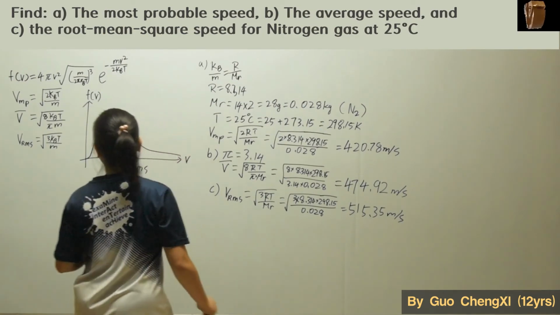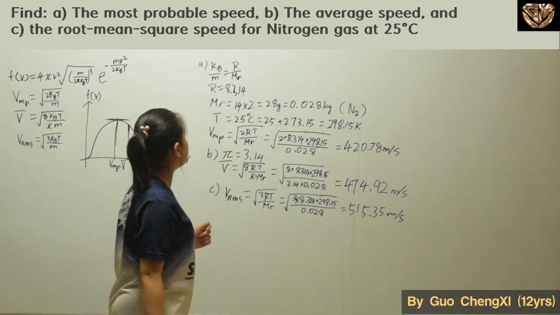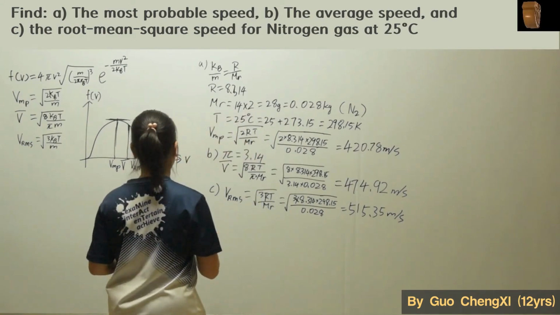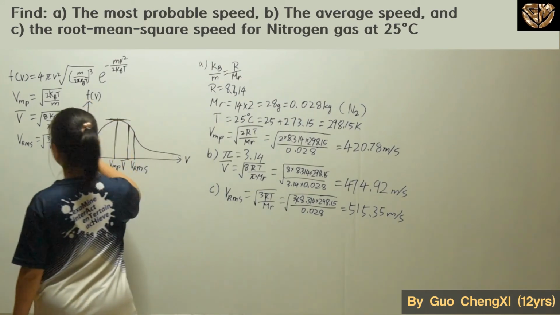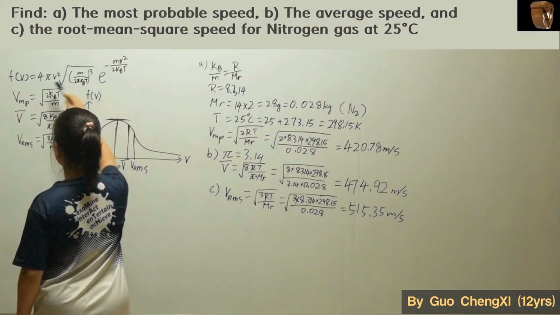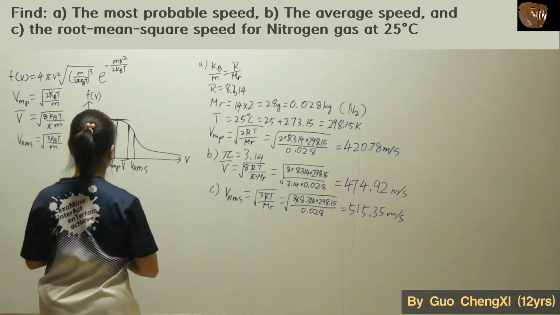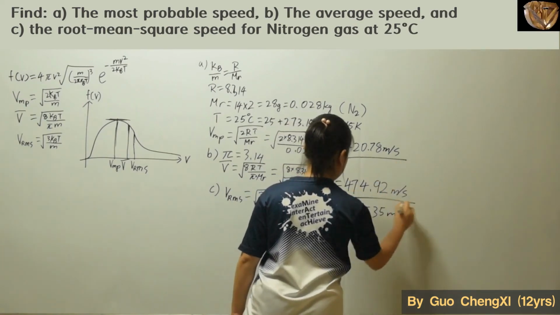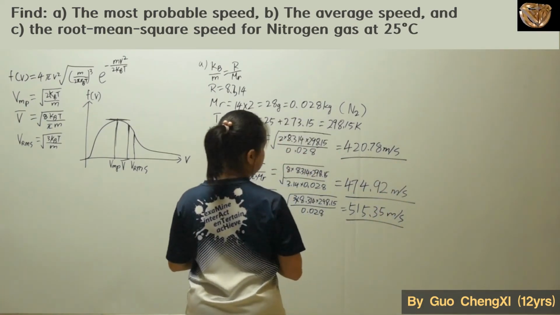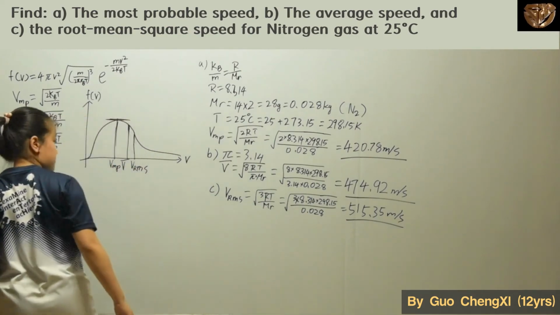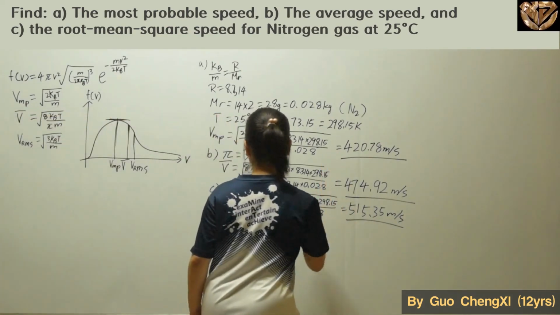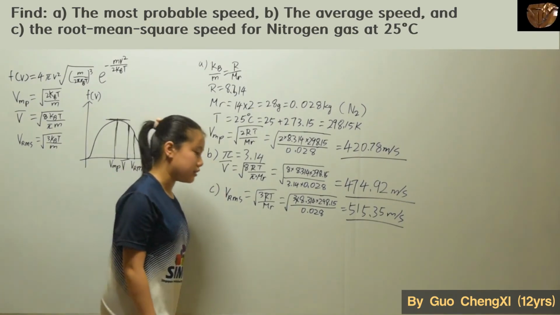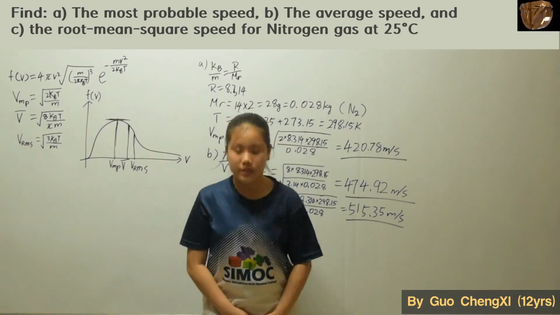Then for the others, how we gather the solution for these parts, you can check previous lessons. These three are the answers that we get, and as you can see over here, these are the answers. Alright, so that'll be all for this lesson. Last but not least, thank you for watching.